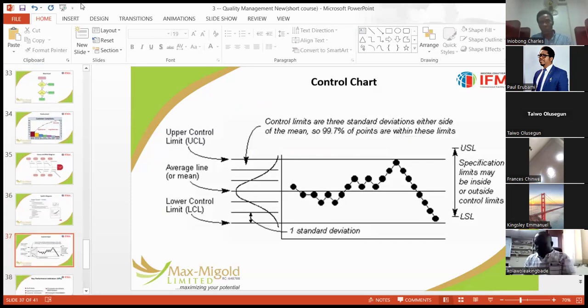Now we have the control chart. The control chart is mainly for electrical control. In the middle there, you have the average line. Anything that is above the line or below the line means that you need to control it to stay within the control limit. So with anything that is happening within that limit, you know that, okay, it's working well.